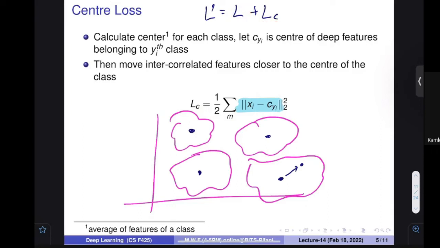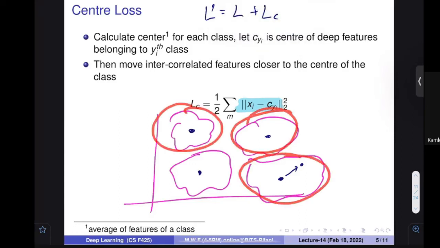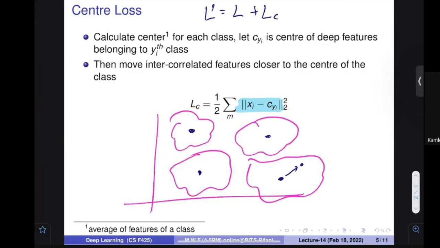If I say that loss plus LC should be small instead of just the loss, what would happen? Earlier, the items were separated in the hidden space, and their representation was separated like this. But if I add the LC over here, I have to minimize this quantity also.